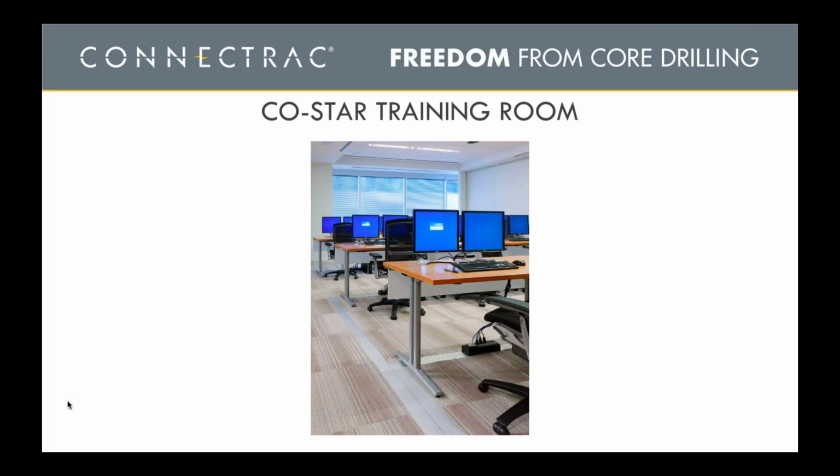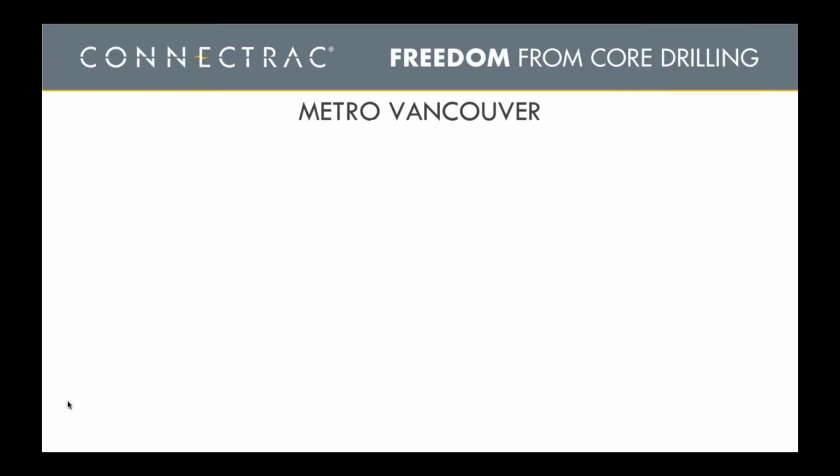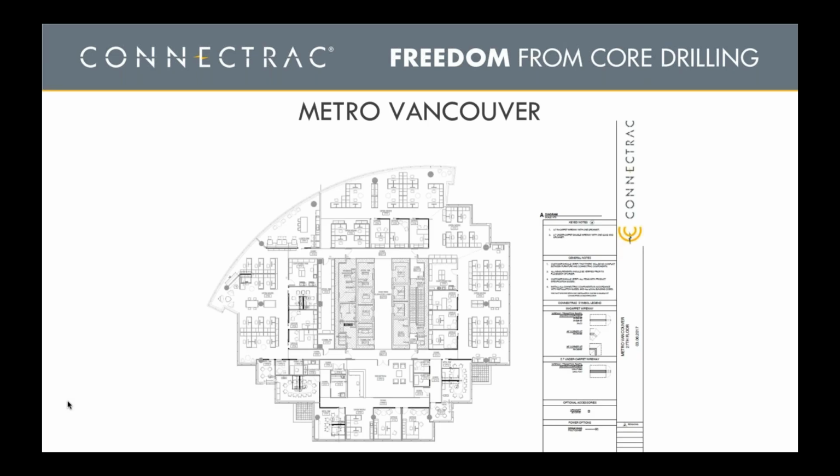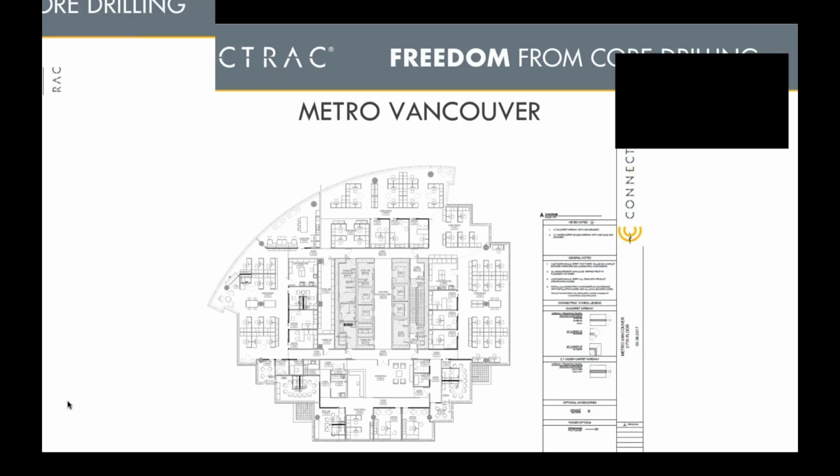They didn't want to spend crazy money on core drills because they're leasing the space, and it was just too expensive. So they put in one of these systems. You can see it there. It brought in the power and the data where they needed it, and it became a quick space for them. This is to show you a little bit of the scope of how these can work and how you can blend systems.